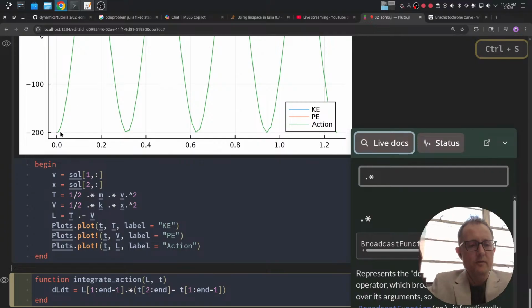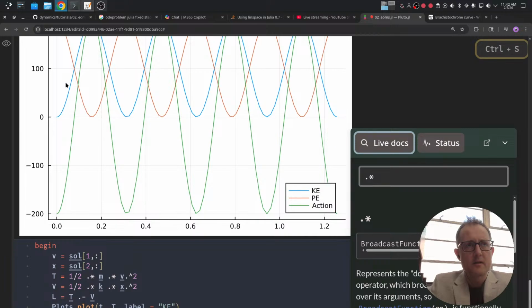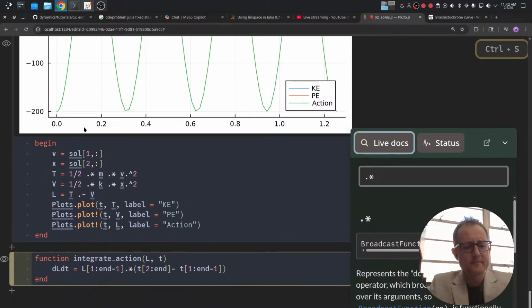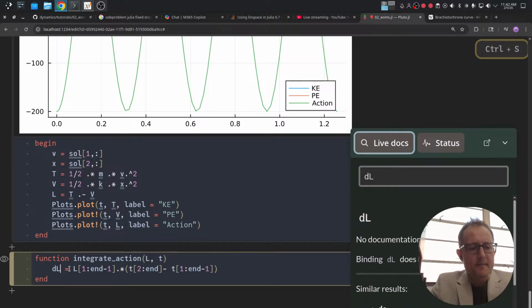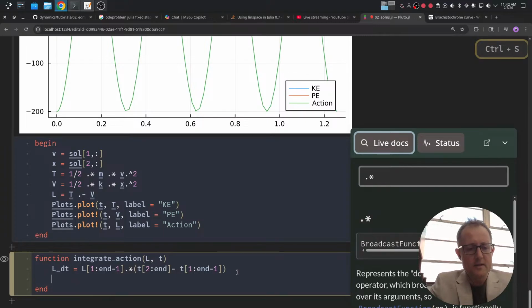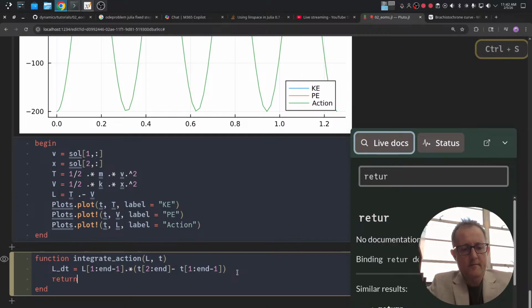I want to take the actual value, so this negative 200 times that time step, and then this negative 100 times that time step. Yeah, that makes more sense, rather than the difference. I'm just mixing up my derivatives and integrals, which happens. So the LDTs, all the total LDTs, and then we'll return the sum of LDT.